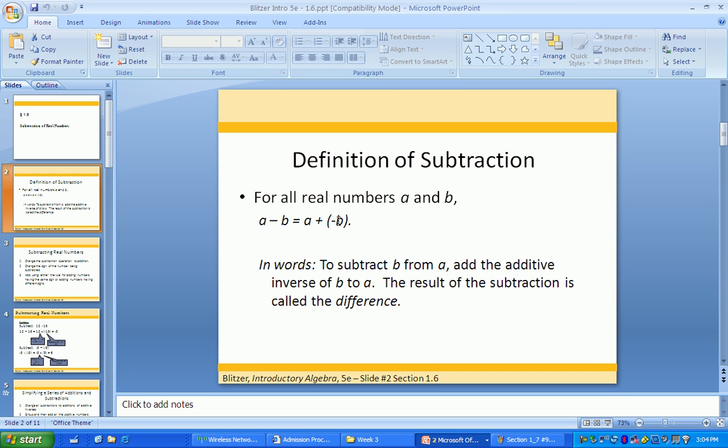Remember, it's important to say the word negative, not minus b, but negative b, so that when we do this operation on the number line, we know which direction to go on the number line. So again, this is a minus b equals a plus a negative b. So when you have a negative sign there, it's just like adding a negative number.